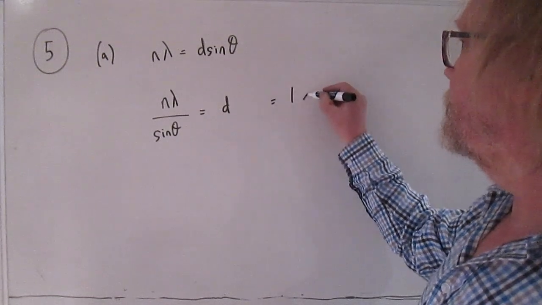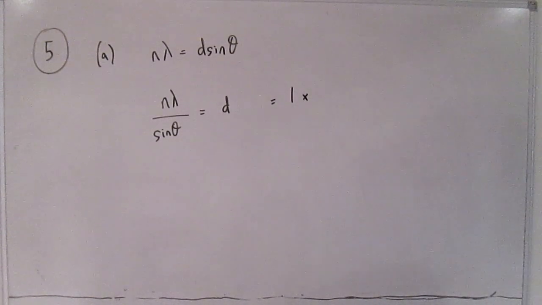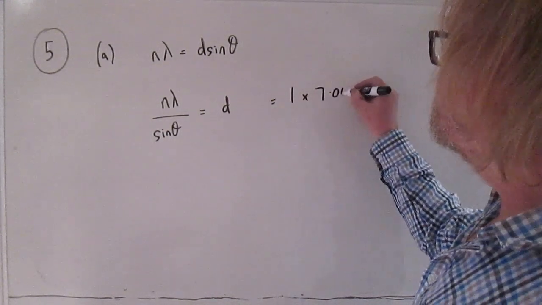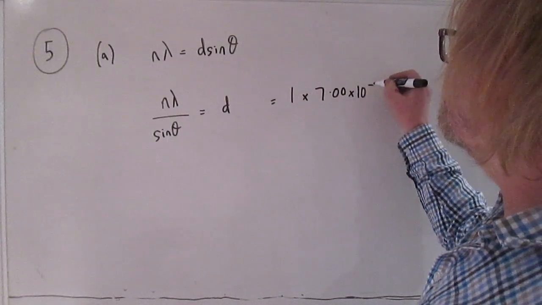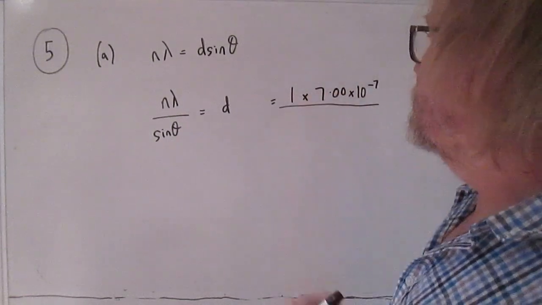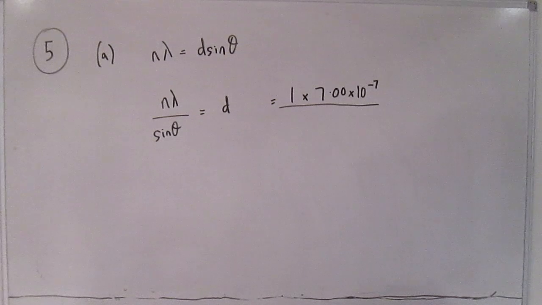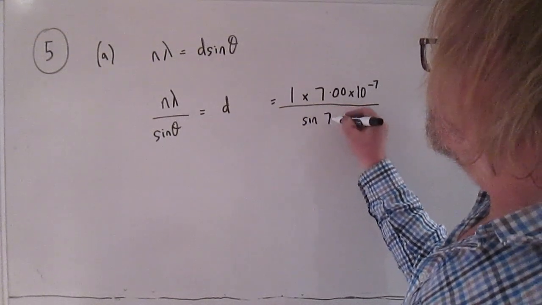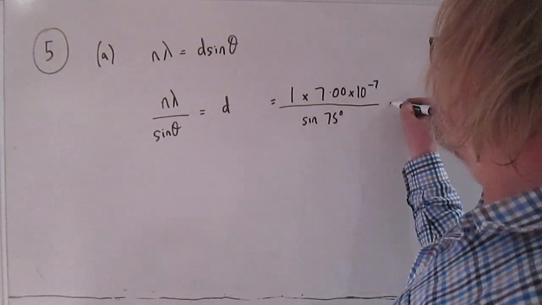So it's 1 times lambda. It tells us it is 7.00 times 10 to the minus 7 meters, divided by sine theta, and it tells us that theta for the first order maximum is 75 degrees, so it's the sine of 75 degrees on the bottom line.